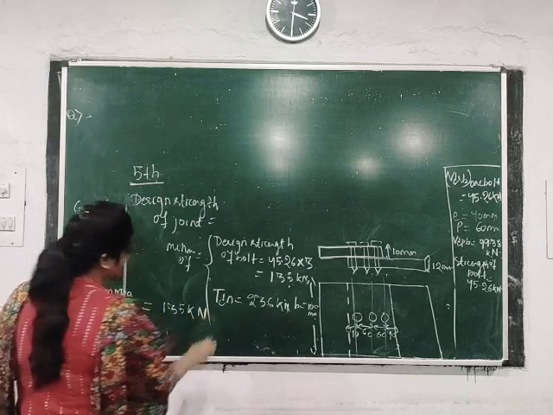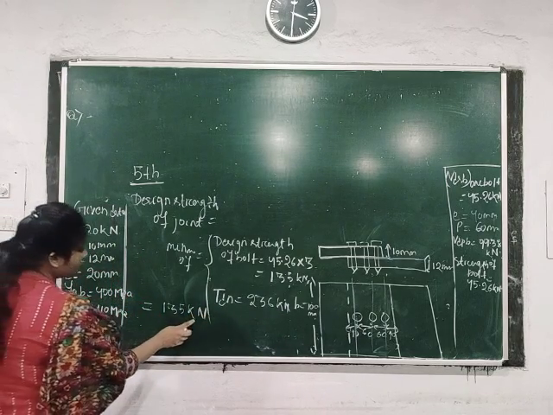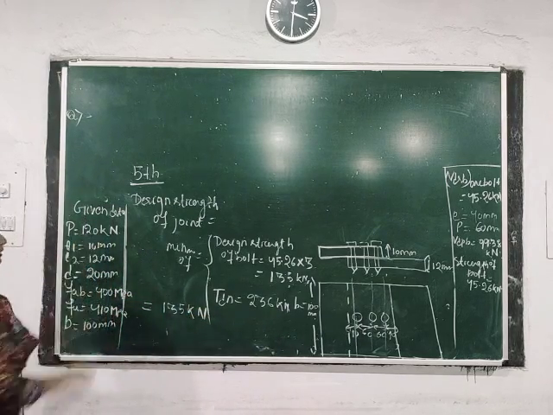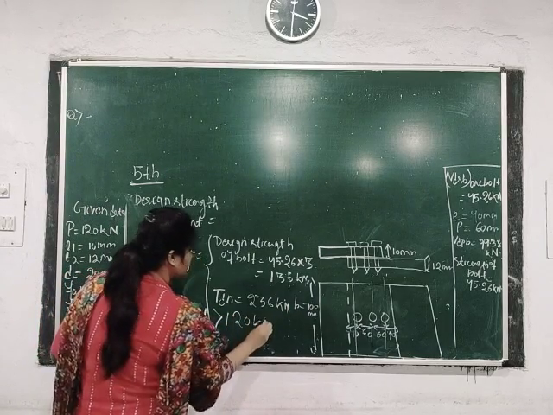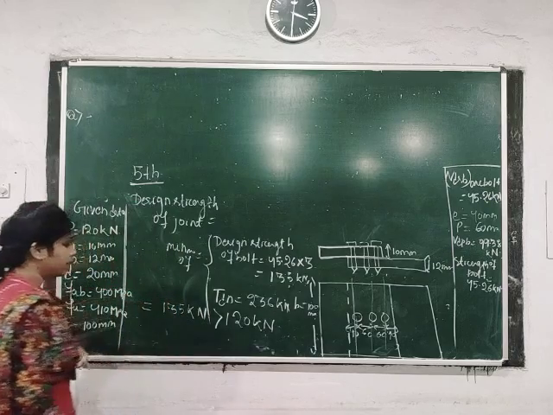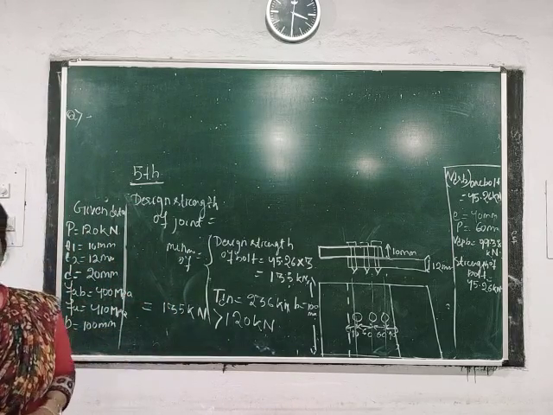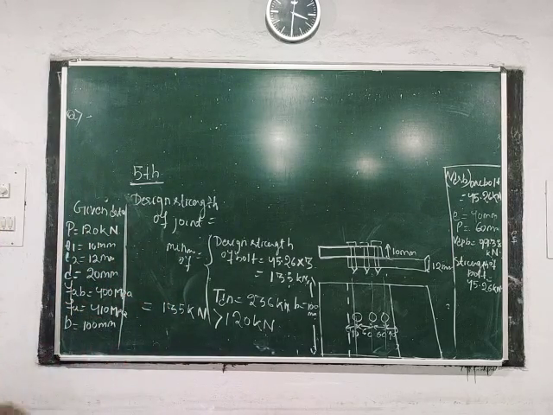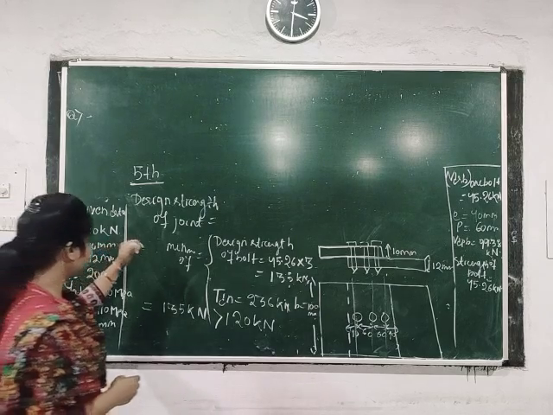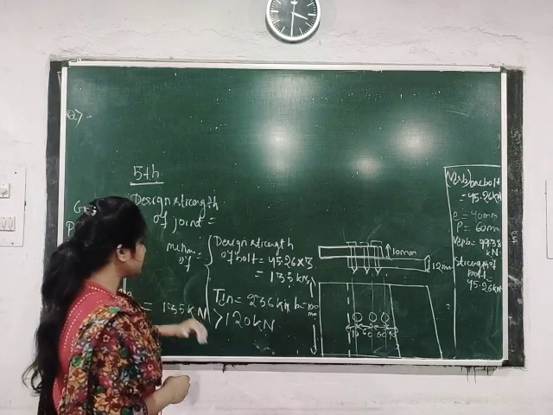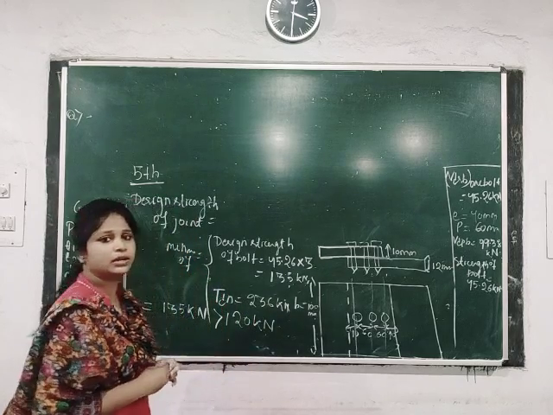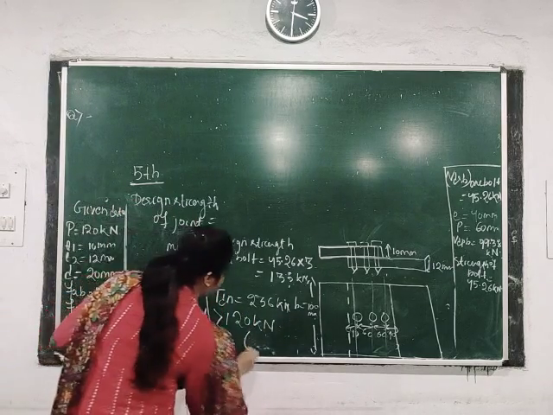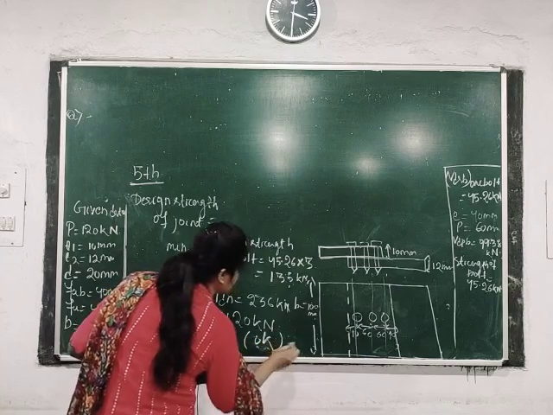And this 135 kilonewton is greater than the 120 kilonewton. So, we are on the safer side, as our design strength of the joint is coming greater than the external applied load. So, our design is okay.